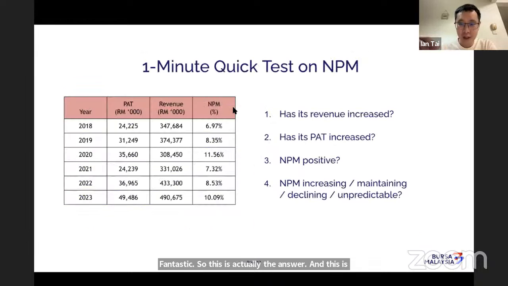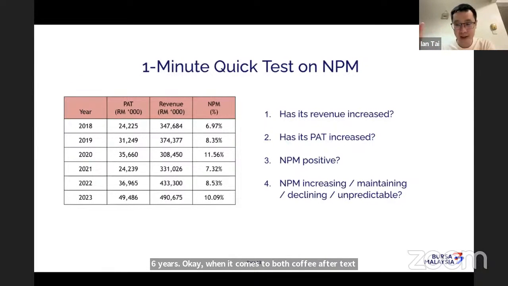So now, here's what we're going to do. We're going to do the 1-minute quick test on net profit margin. Typically for savvy investors, what we'll do is backtrack it for 10 years. But here, because it's an online workshop, I just want you to get the gist of it. So you just compile the latest 5 or 6 years, okay? When it comes to both profit after tax and revenue.